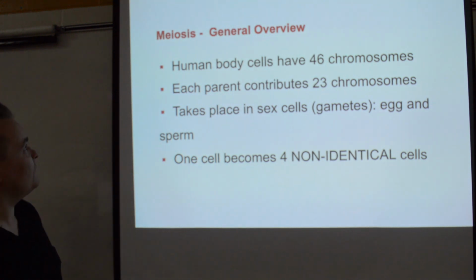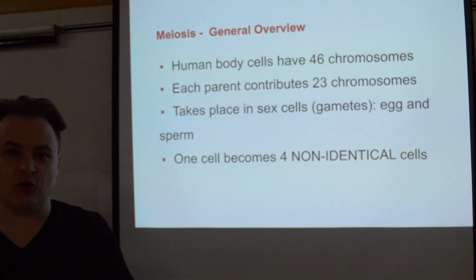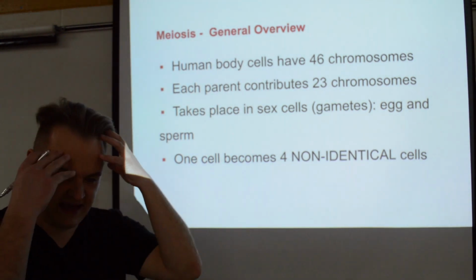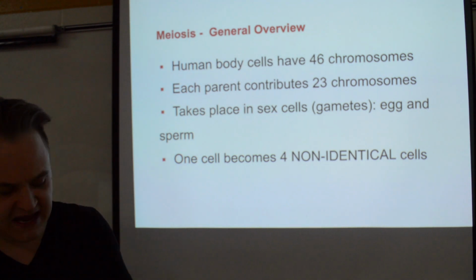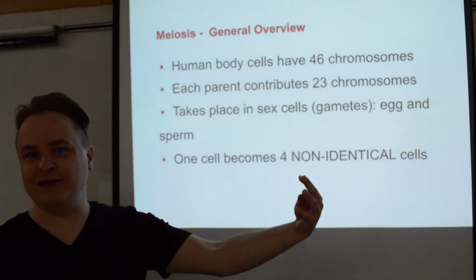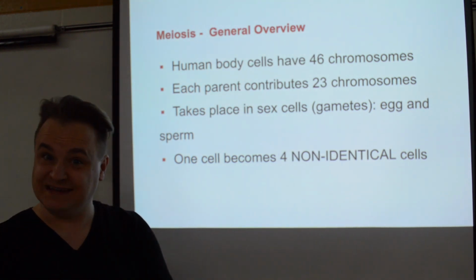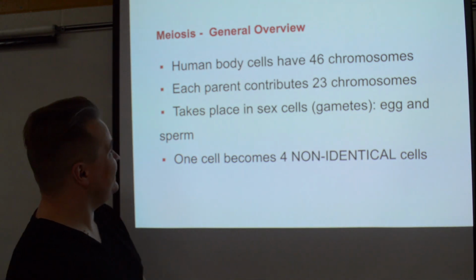So a general overview of meiosis. Well, human body cells, every body cell has 46 chromosomes. Hair cells, skin cells, bone cells, blood cells, they all have 46 chromosomes. 23 from our mother, 23 from our father, and they're combined to make us. Every cell has that, right?